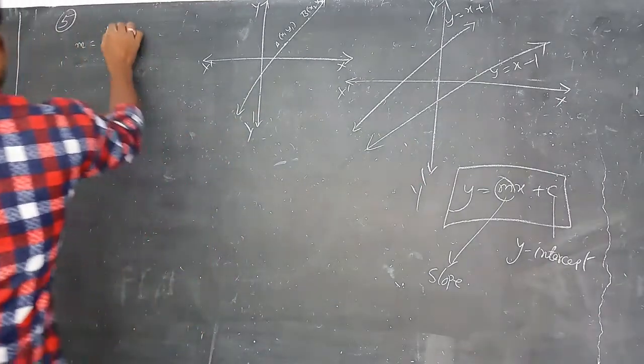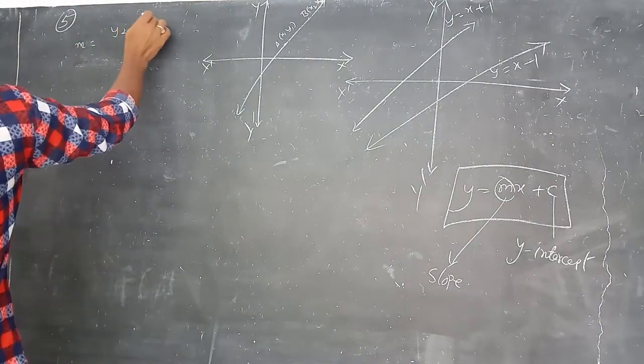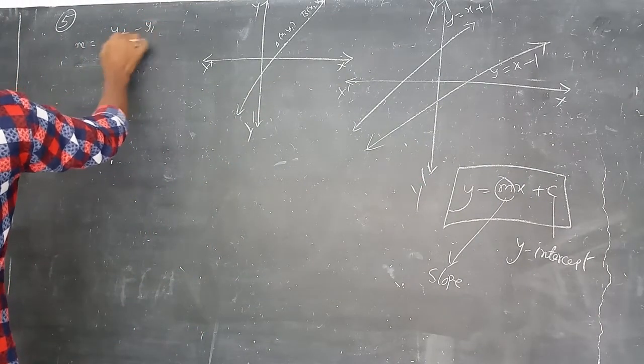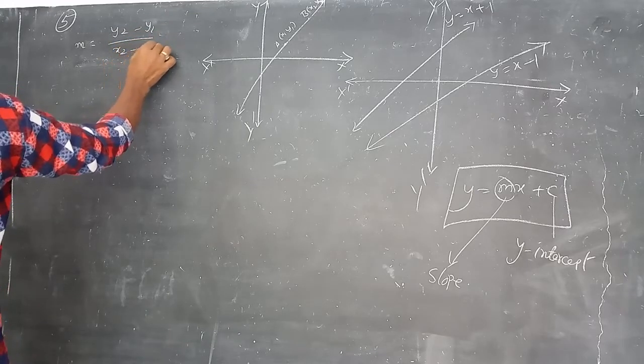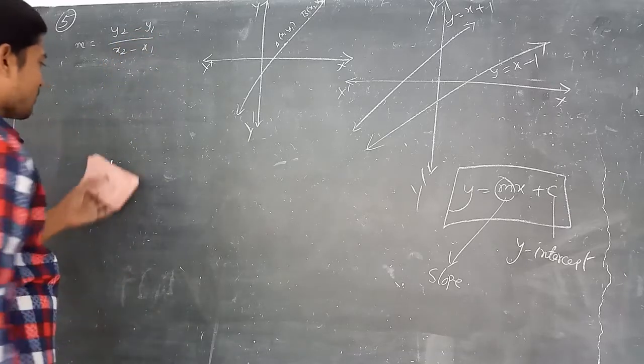So y2 minus y1 by x2 minus x1 is the slope.